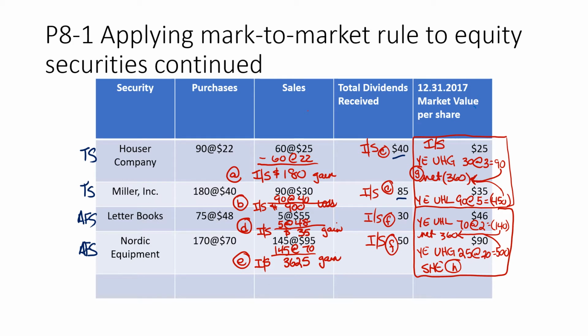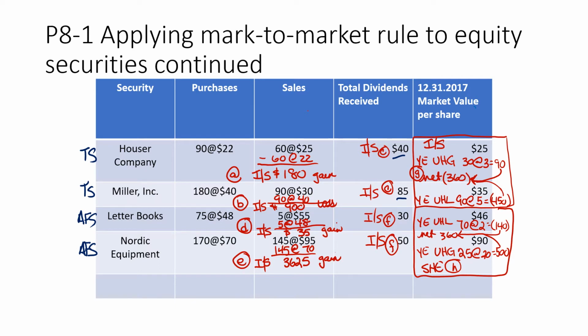So we need to mark up to market 30 shares, an increase of $3 a share, or $90. So that $90 is what's called an unrealized holding gain at the end of the year, and because it's trading securities, it also will show up on the income statement.